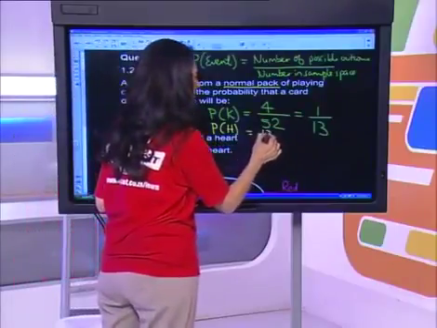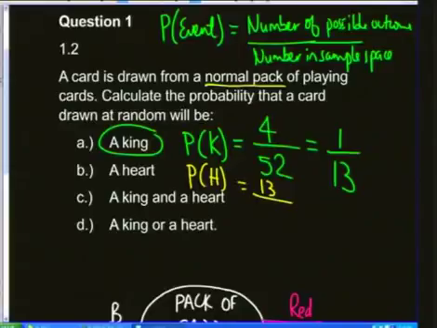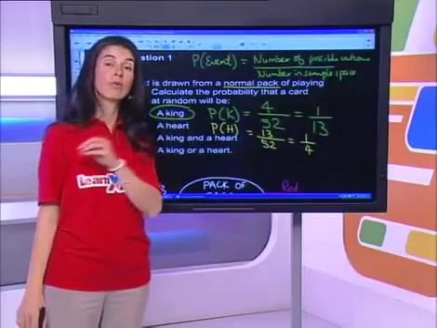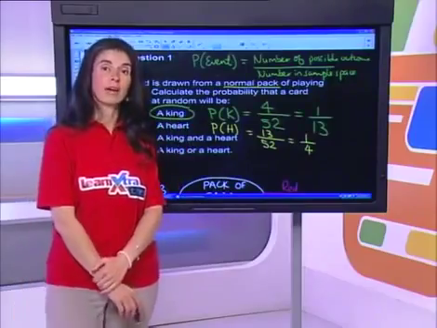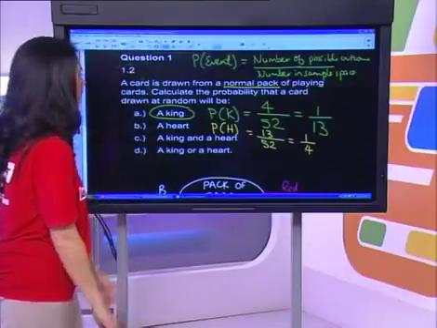And what is our total number in the pack? It's 52. So that's 1 in 4. So there is a 1 in 4 chance that I'm going to pick a heart. Okay.